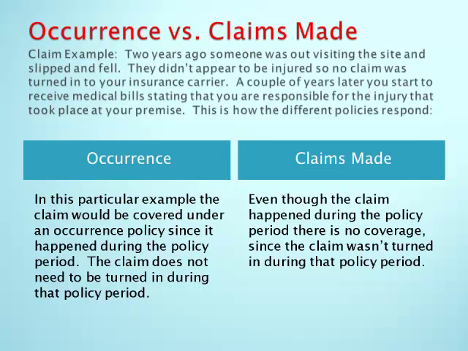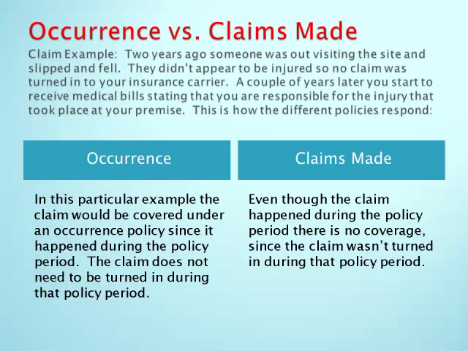The claim example would be 2 years ago someone was out visiting the site and slipped and fell. They didn't appear to be injured, so no claim was turned into your insurance carrier. A couple of years later, you start to receive medical bills stating that you are responsible for the injury that took place at your premise. This is how the two different policies would respond.